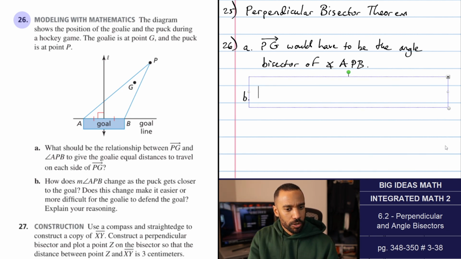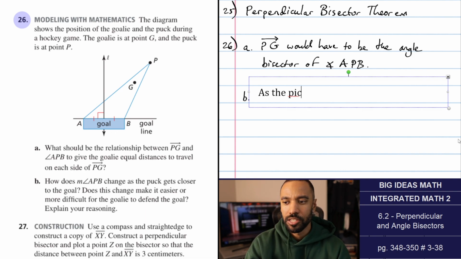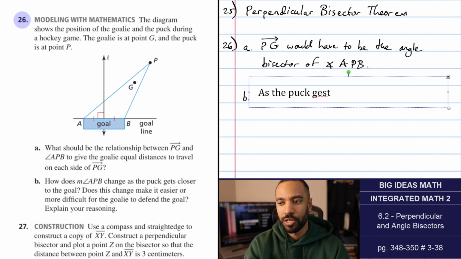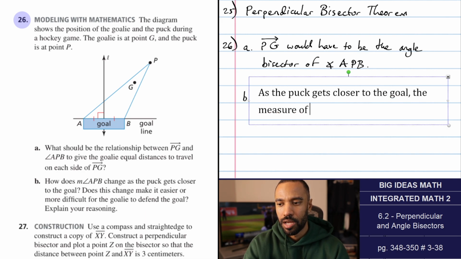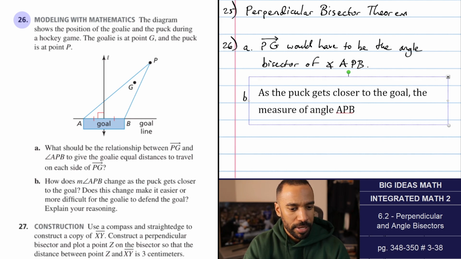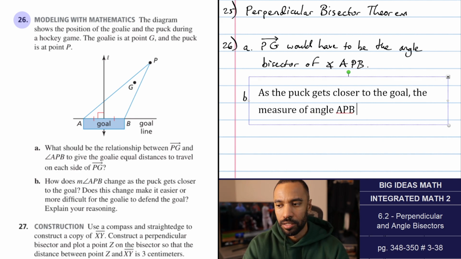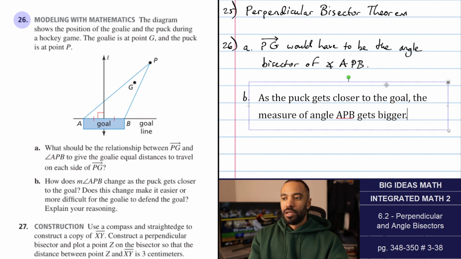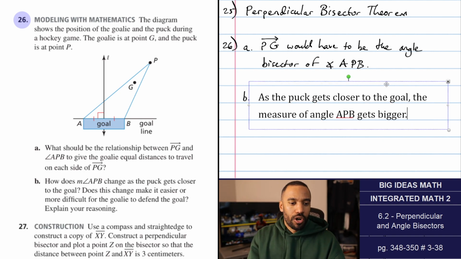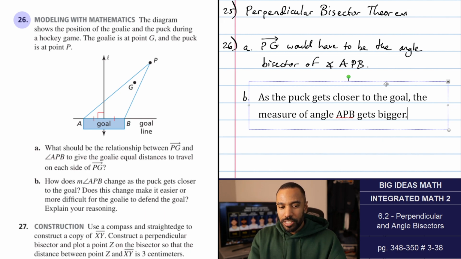As the puck gets closer to the goal, the measure of angle APB gets bigger. Does this change make it easier or more difficult for the goalie to defend the goal? Not an easy question to answer.